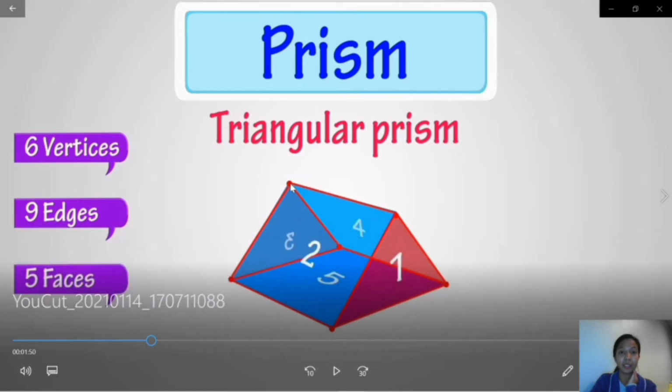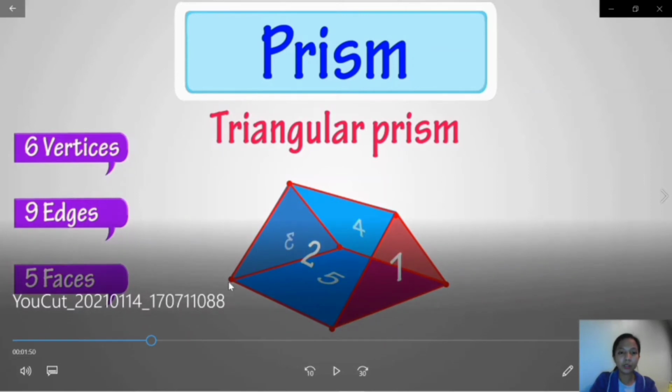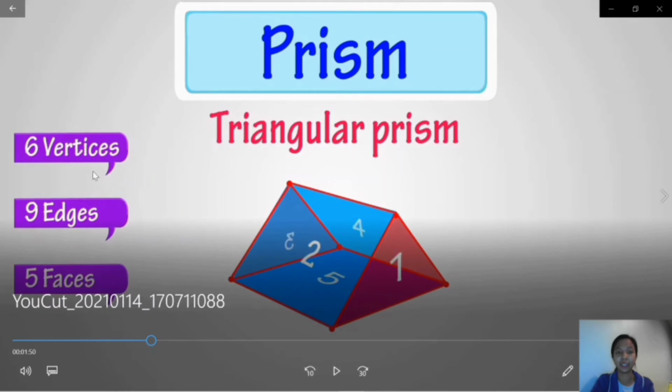That is a vertex, or the corner. So 1, 2, 3, 4, 5, 6. Six vertices. If it's only one, it's a vertex, but since it is more than one, it's vertices.